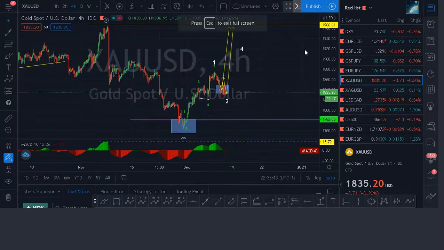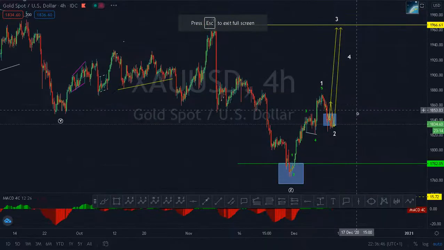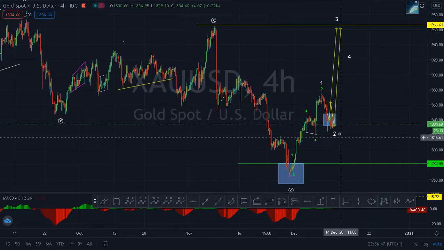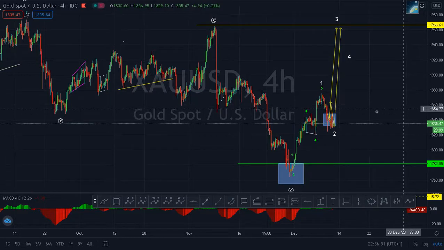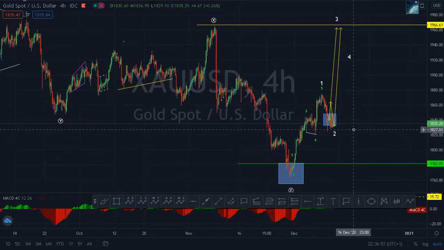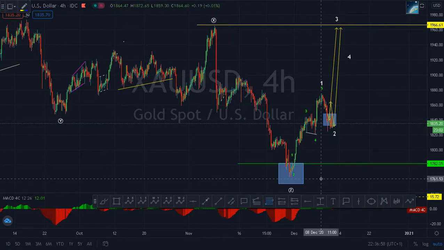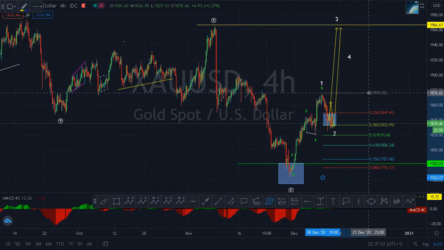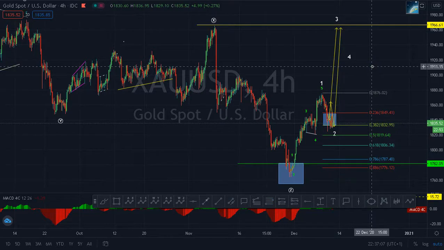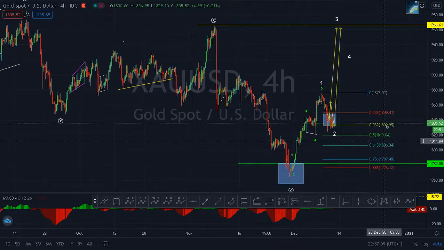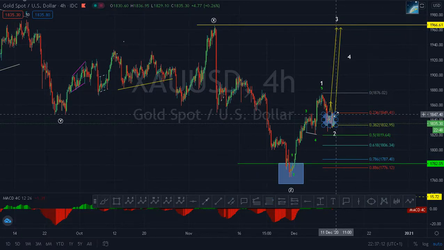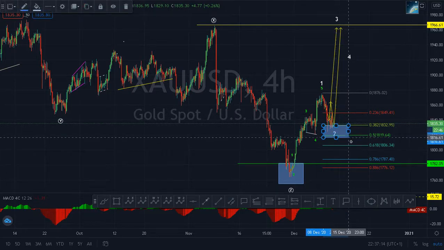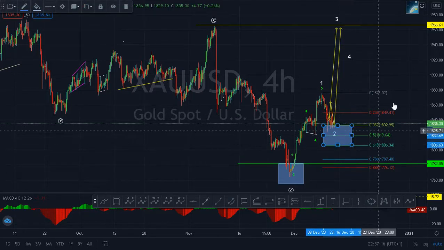Okay, gold. My forecast is that gold will come here as wave 2. But let me tell you, it may see. Okay, let me know the figure I put here. That's 38.2. Now let me teach you something. In every retracement, the ideal levels for retracement are between 38.2 and 61.8.